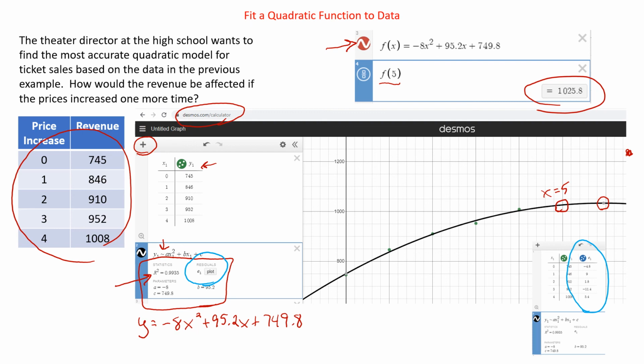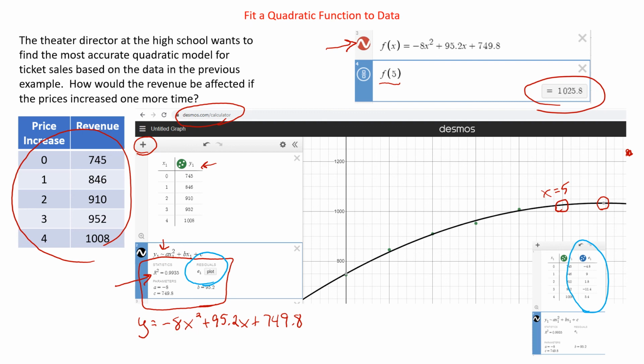Now, 6, if we increase it again, that would be a little bit higher. But after that, it's going to start going down because it's going to get past the vertex. You might wonder, how does that work? If you keep increasing ticket prices, wouldn't the revenue keep going up? No, because if you keep increasing ticket prices, eventually fewer and fewer people are going to come to see the show.